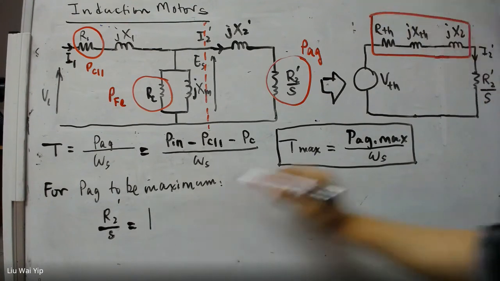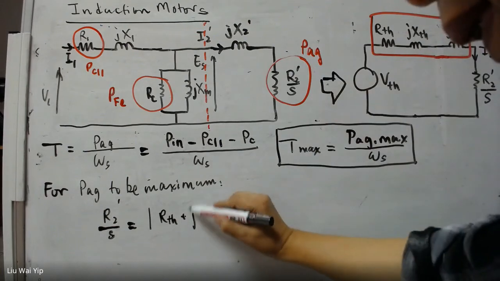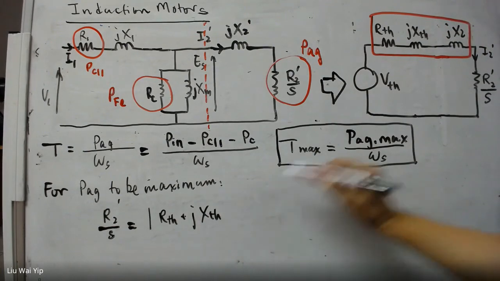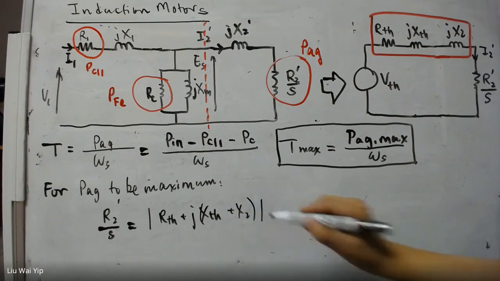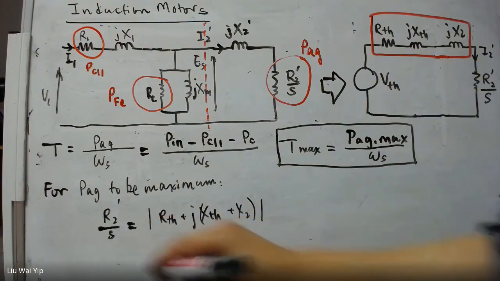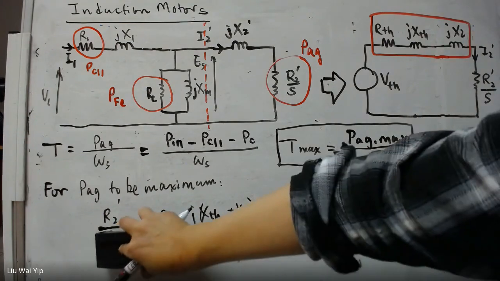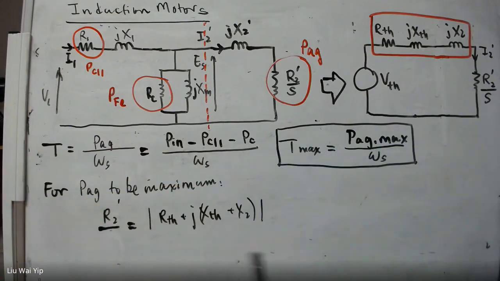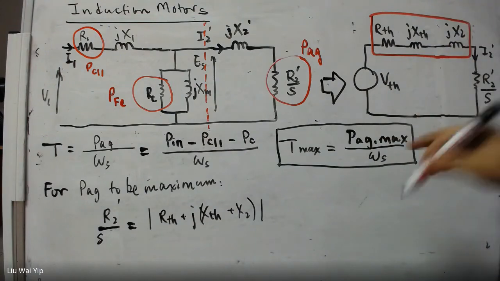So it's going to be R_TH plus jX_TH plus X2. So this is the value of the resistance for the rotor. And in here we can highlight the fact that this is the slip that is going to give out the maximum torque.